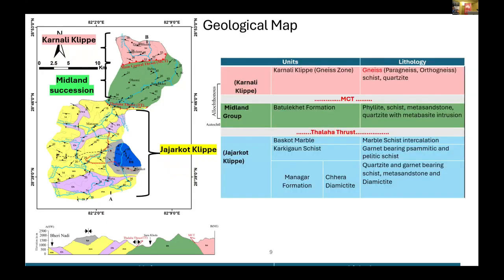This is the tectonic stratigraphy, where the major lithology of this autochthonous unit is phyllite and low grade meta sandstone. However, the Jajarkot Klippe has lithological characteristics of quartzite, schist, and marble.